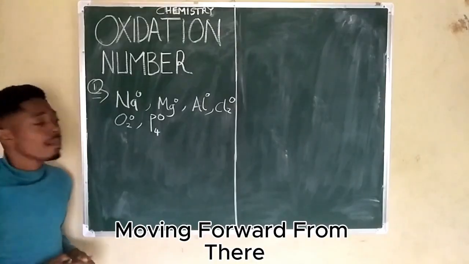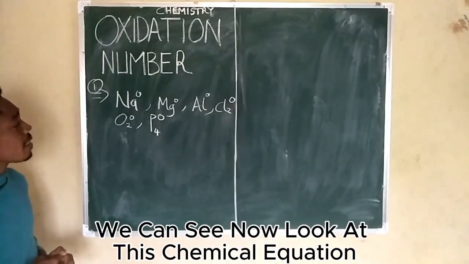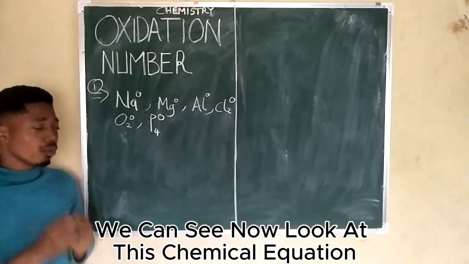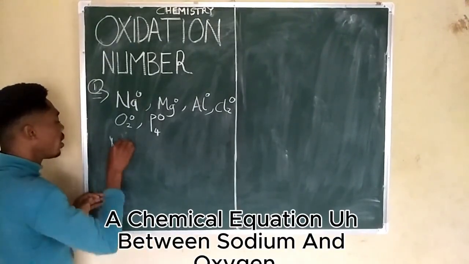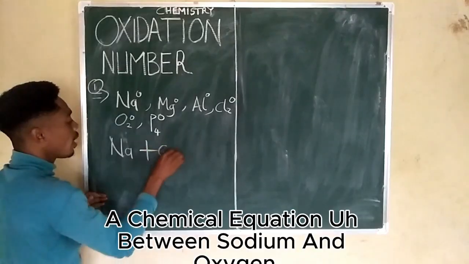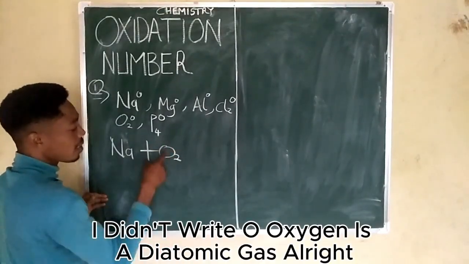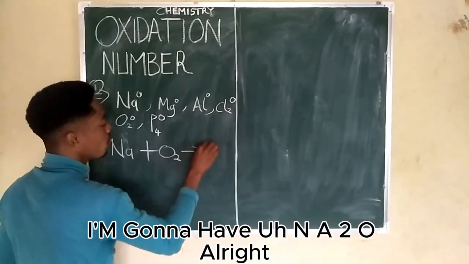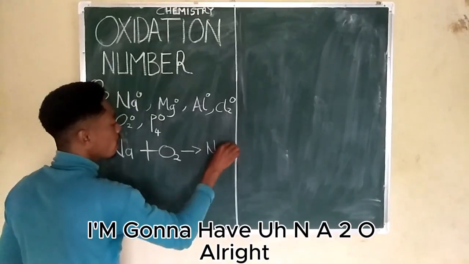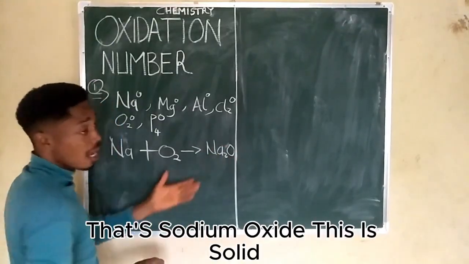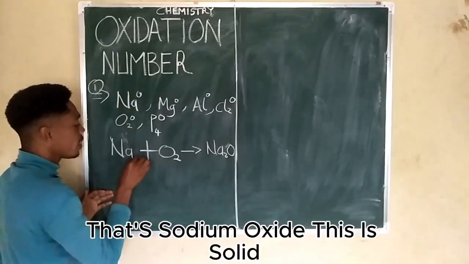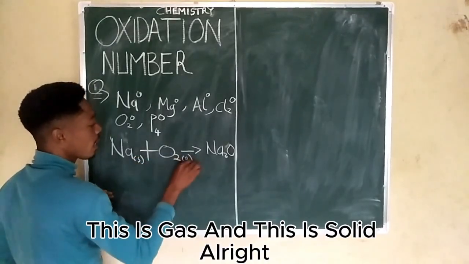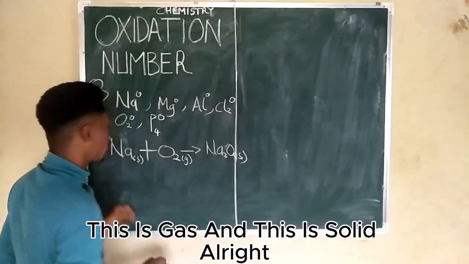Moving forward from there, now look at this chemical equation, a chemical equation between sodium and oxygen. I didn't write O. Oxygen is a diatomic gas. I'm going to have Na2O, that's sodium oxide. This is solid, this is gas, and this is solid.